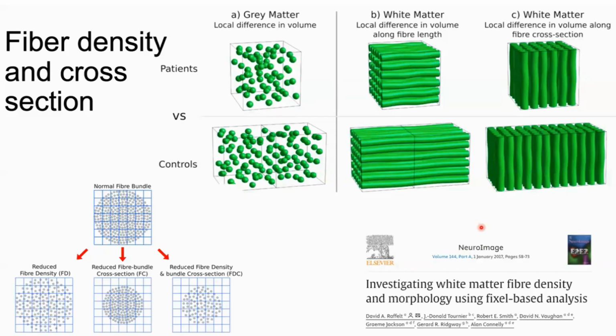The expansion of ventricles is a great example. Yeah, I agree that would cause more of these two types of situations. You're asking what would cause the scenario where the cross section is intact. Maybe loss of myelin is one example. I'm not sure. They say the cross section is a proxy for information capacity, so you can imagine these fibers losing volume through the sheath that wraps around these axons.